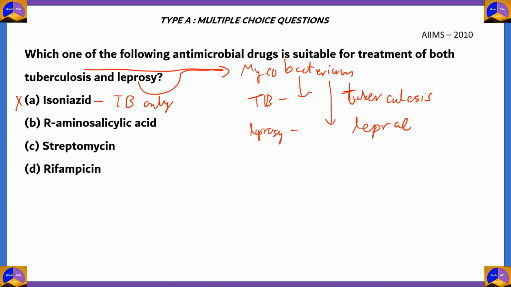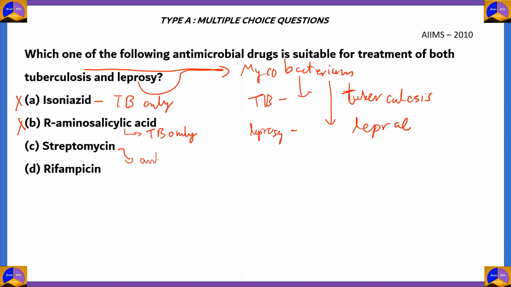What about option B? Para-aminosalicylic acid. Para-aminosalicylic acid is again a TB only drug. It only cures tuberculosis by attacking Mycobacterium tuberculosis. So option B is incorrect. What about option C, streptomycin?